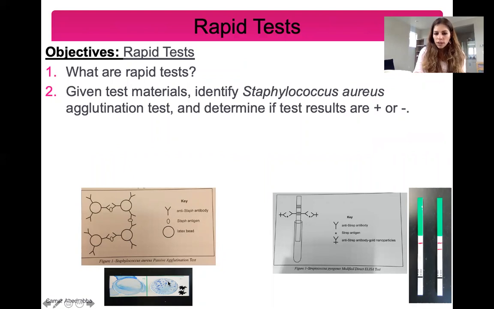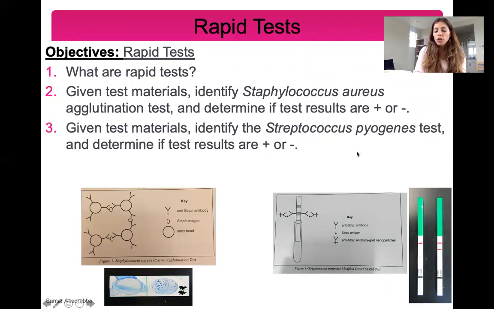A positive result, we see clumping, like in this picture. Negative result, no clumping. For the Streptococcus pyogenes test, we're using these dipsticks or strips of paper. Positive result, we see 2 bands. Negative result, we see 1 band. No bands, the whole test is inaccurate. It doesn't mean negative, it means the test is not working.